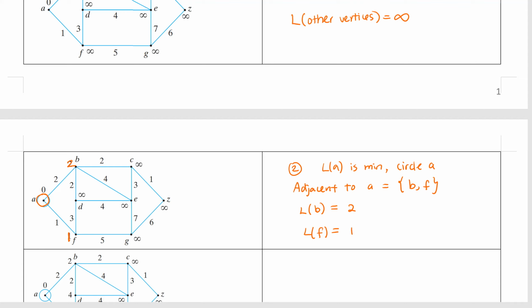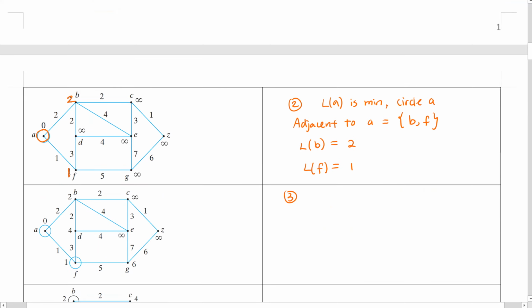Okay, which one is the minimum? So next step, we can see LF is minimum. When we talk about which one is minimum, we look at the uncircled vertices. Within those, we have B label 2, F label 1, and all the other vertices label infinity.